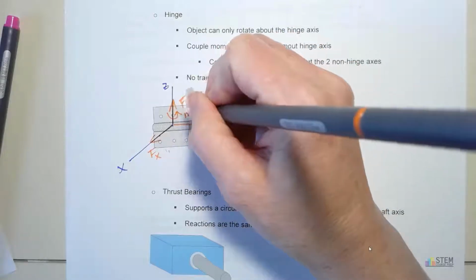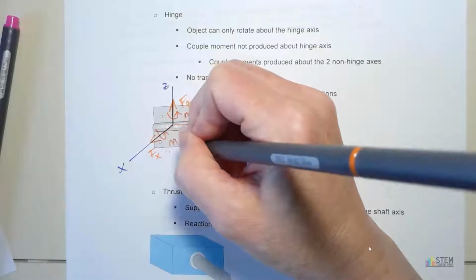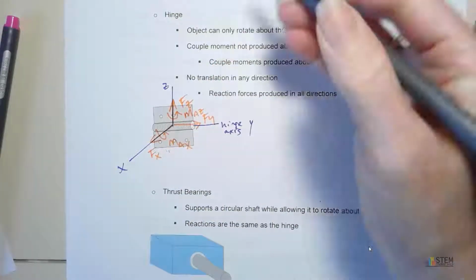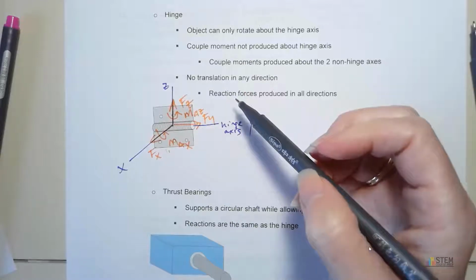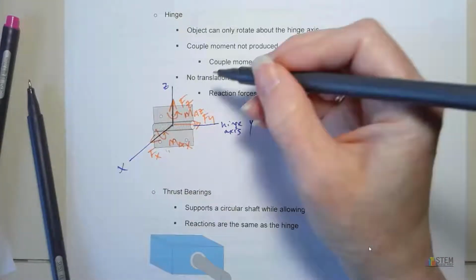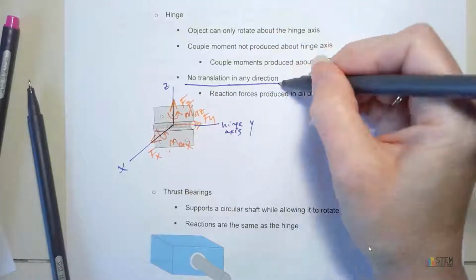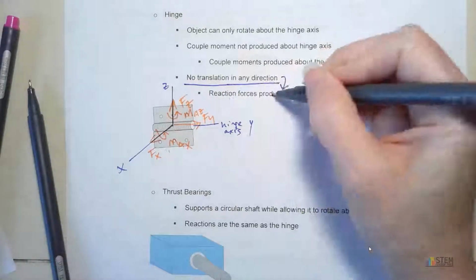So let's just call this MAZ, and then let's call this MAX. So these two prevent the rotation about the other axes. These forces prevent the translation. Okay. So remember, no translation in any direction. So for that, we have the reaction forces.